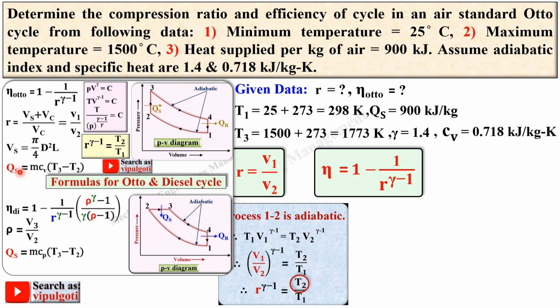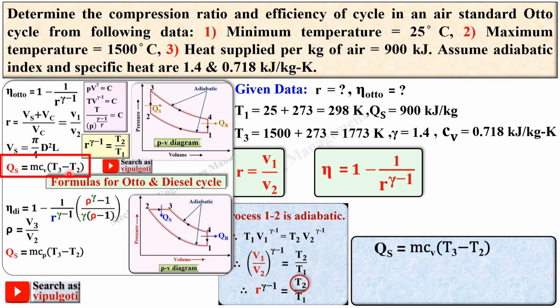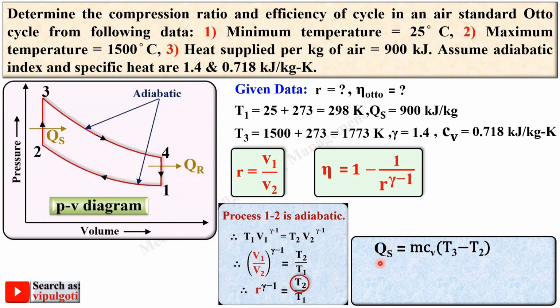Again you know that the heat supplied QS is equal to m CV (T3 minus T2). From this equation I can find T2, because you have QS, you have the mass, and you have the specific heat at constant volume. So put the values over here.